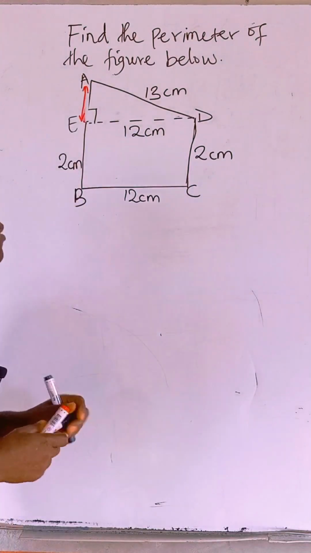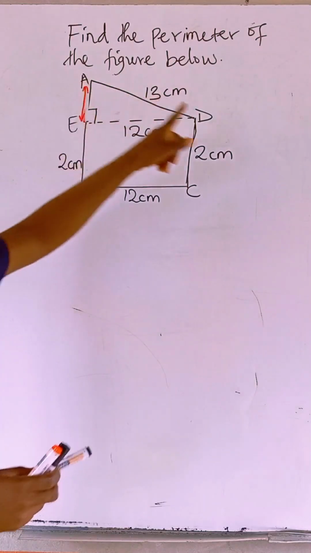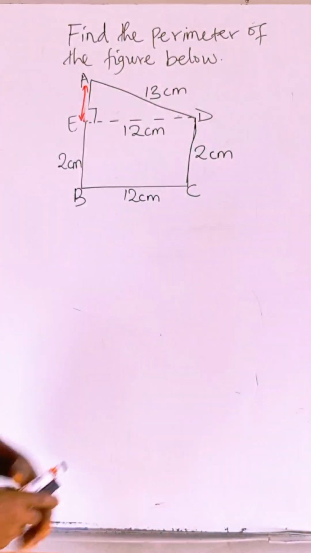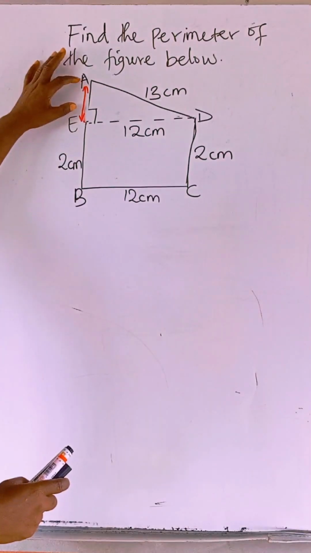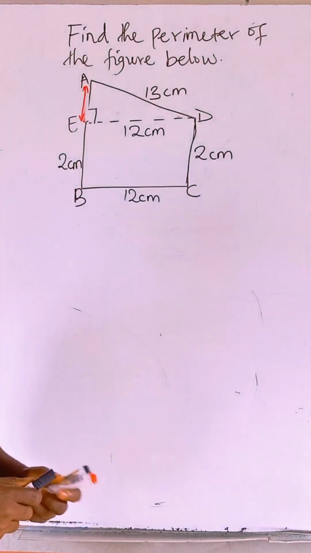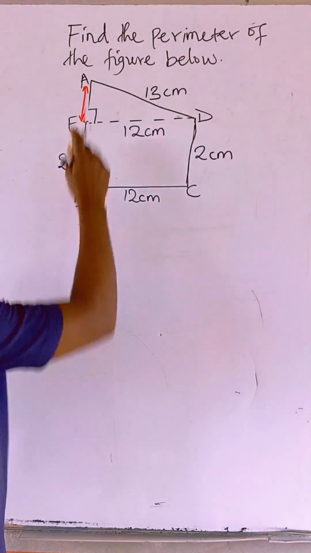If you look at the upper part of it, you see that ADE is a right angle triangle. For us to get AE, we use what is called Pythagoras theorem. Let's draft it out now.